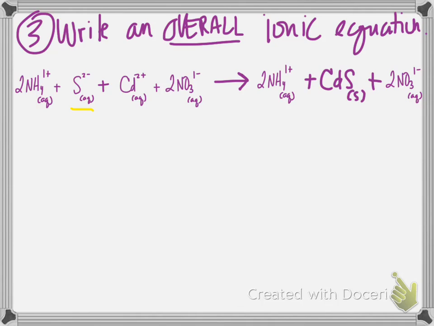And once they're mixed together, it shows what they do. And what we're seeing is that the ammonium and the nitrate continue to be dissociated out in solution, not forming a compound. But the cadmium and the sulfide ion actually form an insoluble compound. They're going to precipitate out. That's our overall ionic equation. There's a fourth step. You might have guessed that. And we can do this one right on here.